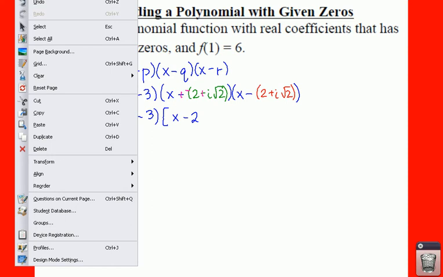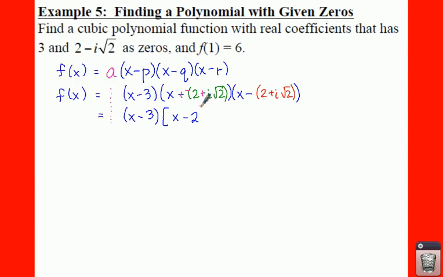So negative 2 and a positive, so that should be right. So this would be negative 2 plus i radical 2. And over here on the right side, this becomes x minus 2, and if you distribute the negative through, minus i radical 2. Basically, all they do is this parenthesis becomes this one, this parenthesis becomes the left one.